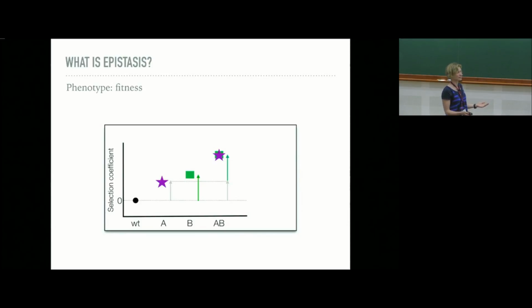If that is exactly what we observe, then there's no epistasis. If the combination of the two mutations is more beneficial than we would expect, then there's positive epistasis, and if it's more deleterious, then there's negative epistasis.